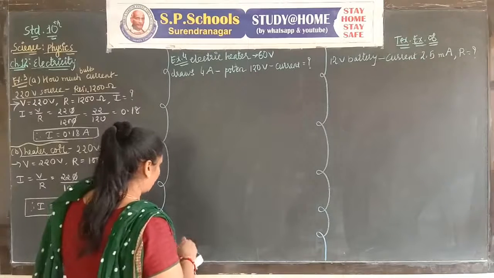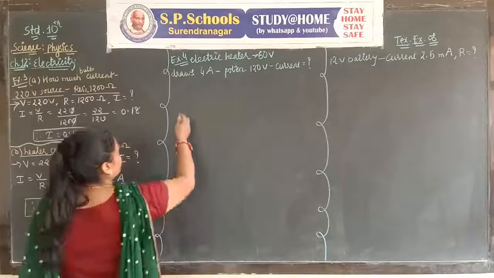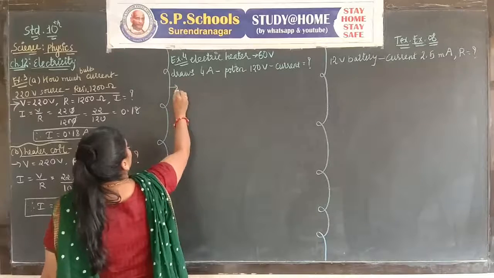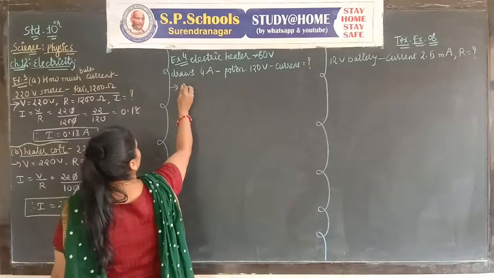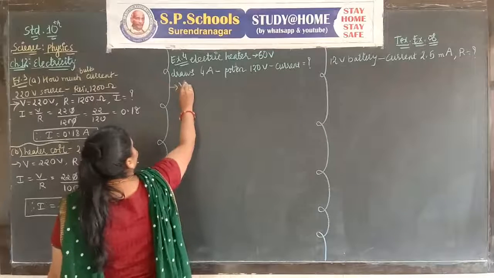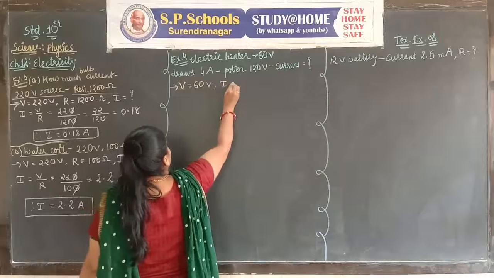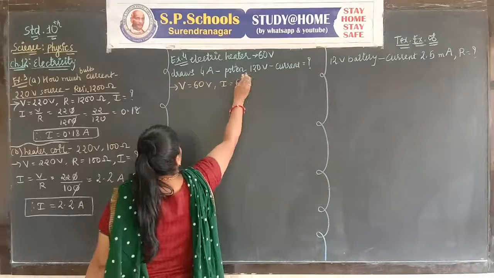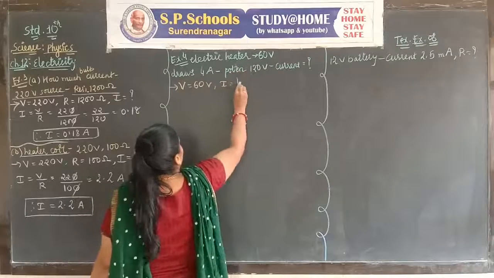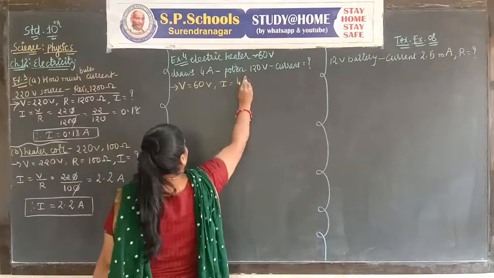According to our information, we assign the values. First, V is equal to 60 volt and electric current is equal to 4 ampere.